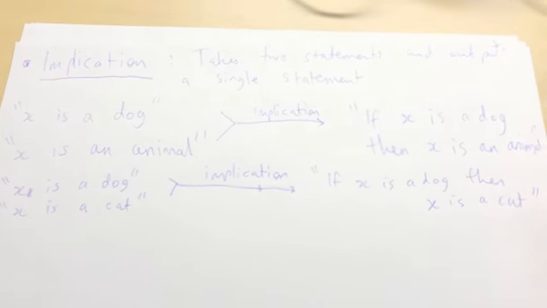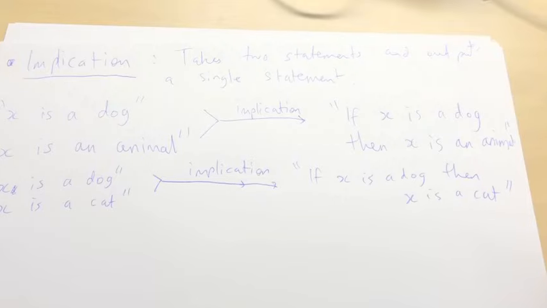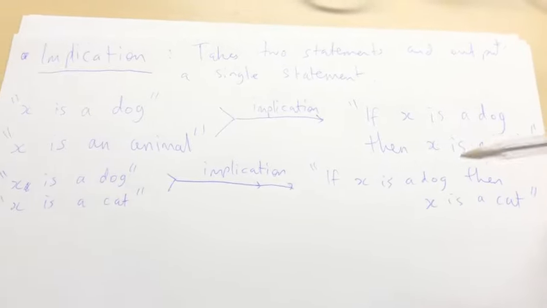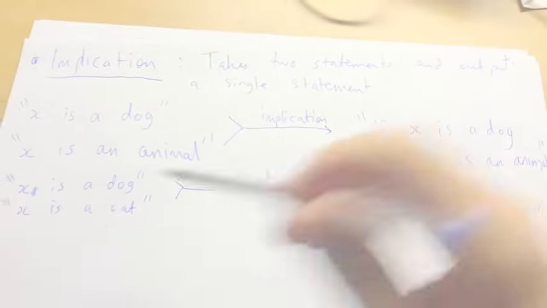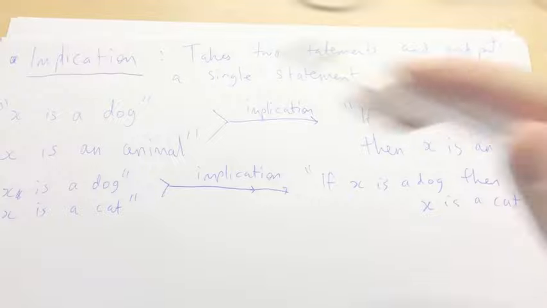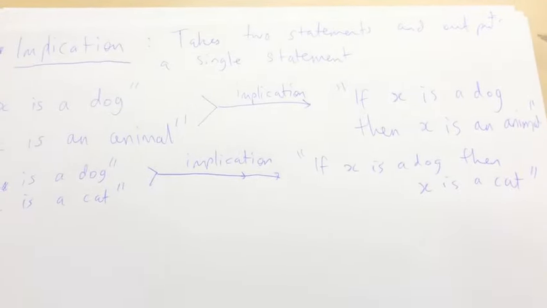So this is just nonsense. But sometimes it'll help us understand what this does if you put in some nonsense as well. It's important to remember that it only depends on the true and false values of the inputs, like before.